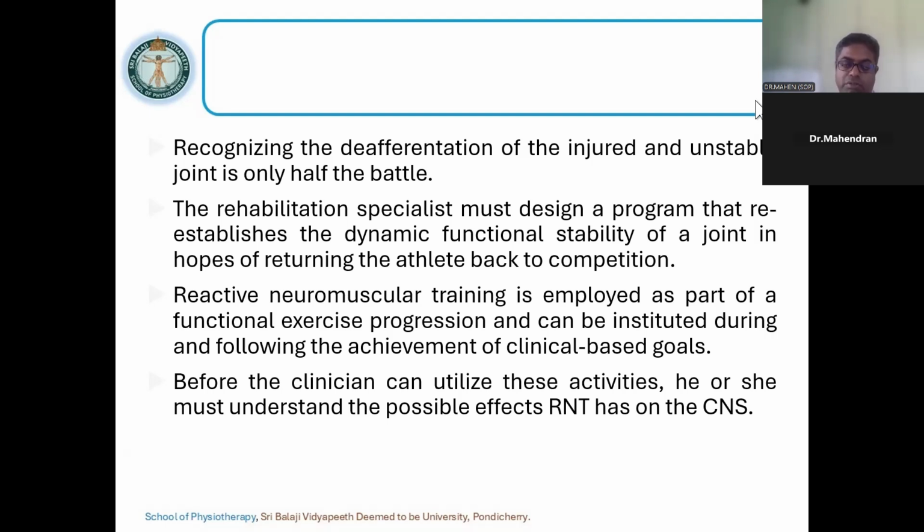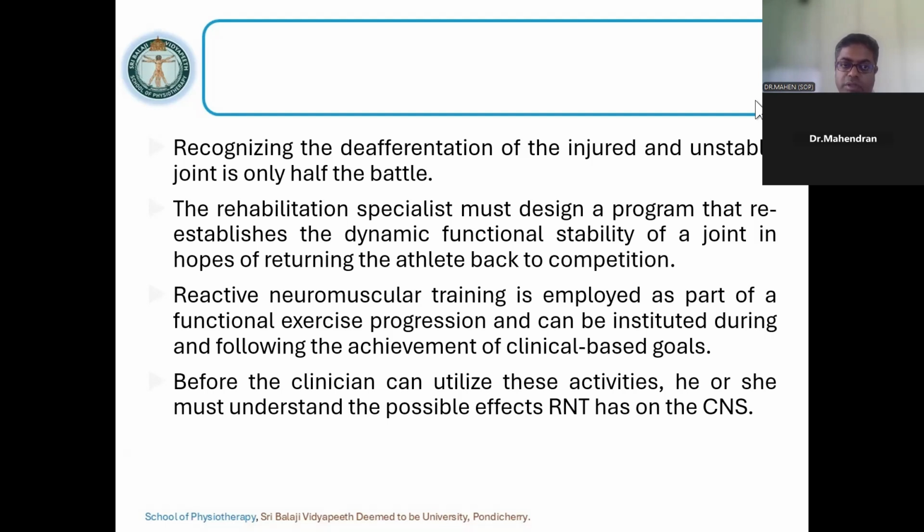The best place to incorporate the RNT is at the terminal phase of rehabilitation, the end part. Normally, if you are planning a rehabilitation duration of 3 months, at the last month, the third month, we can plan to incorporate the RNT.